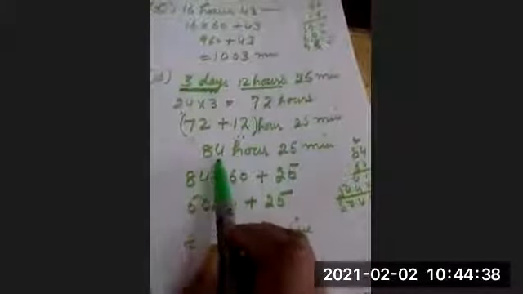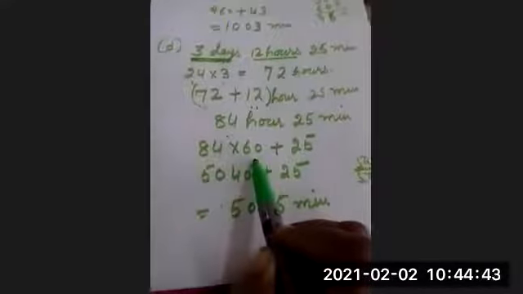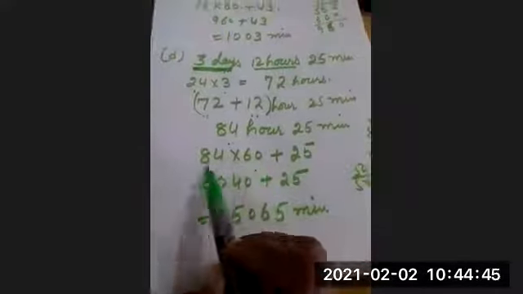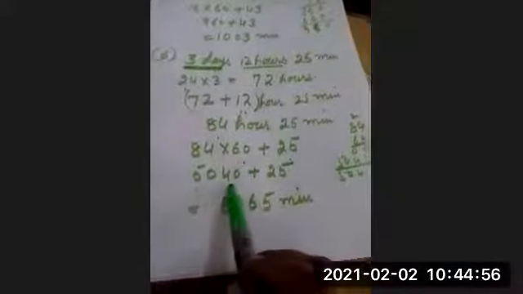Now convert 84 hours, 25 minutes into minutes. Now convert 84 hours into minutes. 84 into 60 plus 25. 84 into 60 will get 5040.